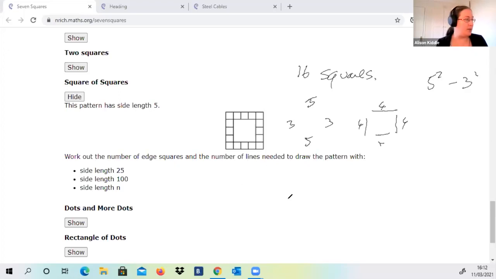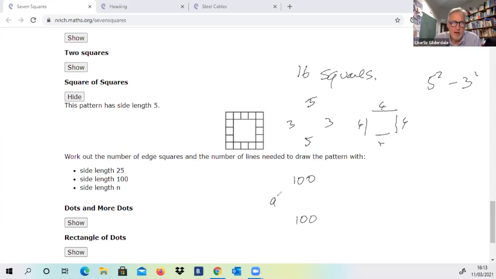So for the 100 by 100, what would your method look like? So my original method, I would imagine there'd be 100 squares along the top, 100 squares along the bottom, and then 98 along the edges, because I've already counted the ones at the top. So altogether that's going to be 396.